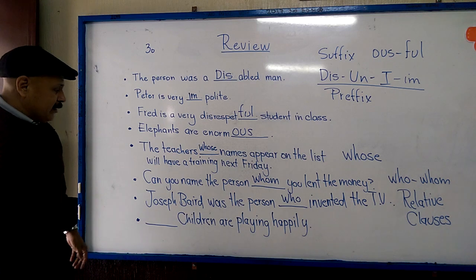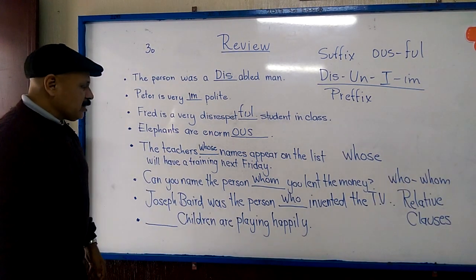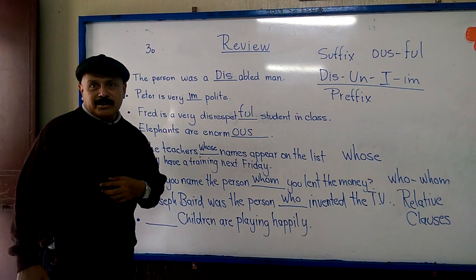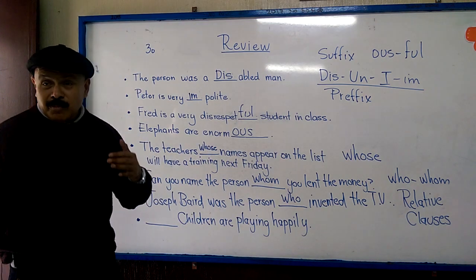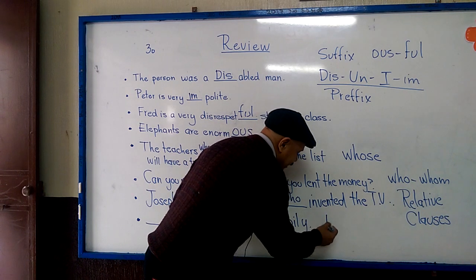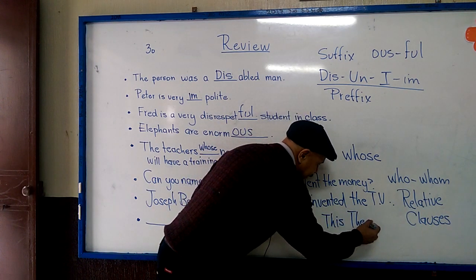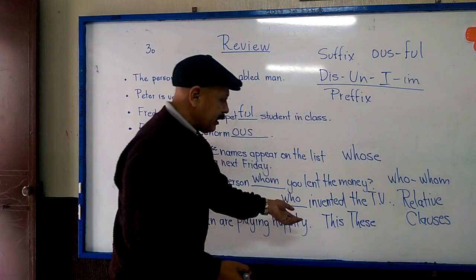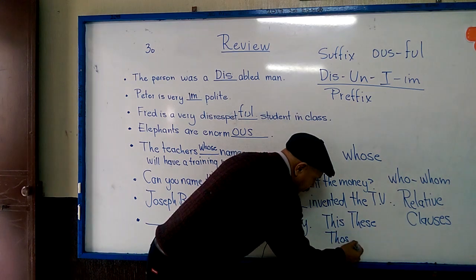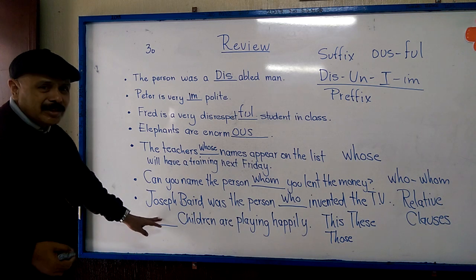Y finalmente, children are playing happily. Children are playing happily. Recuerda que estuvimos viendo también pronombres demostrativos en inglés, demonstrative pronouns, que son this, that, y el plural, these, those. Entonces, ¿cuál de estos iría acá?